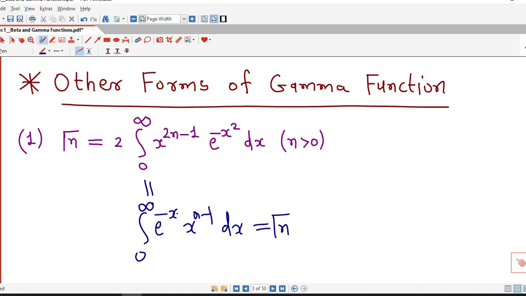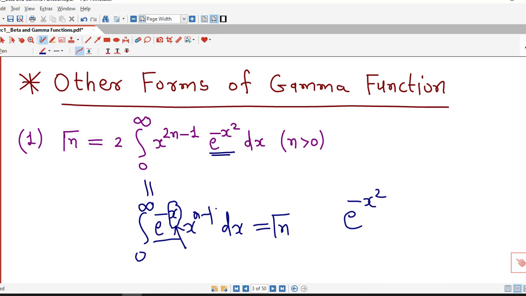So if we observe, we require the e raised to minus x term here, and there is no e raised to minus x term here. So from this we can have the idea that here we have an exponential function, e raised to minus x square, but we require e raised to minus x.